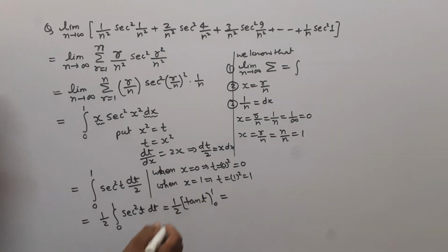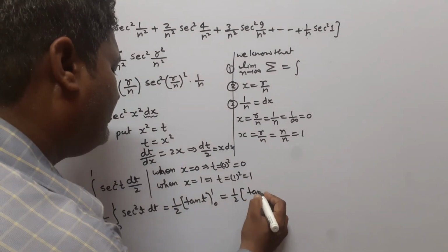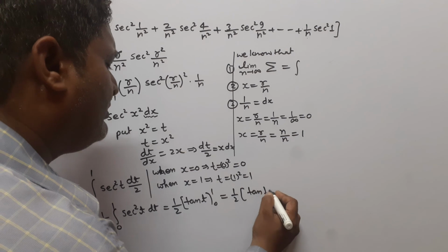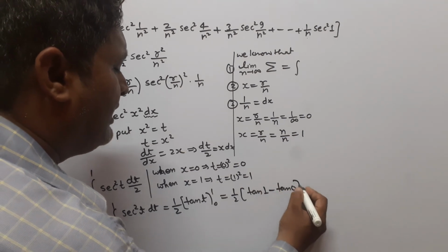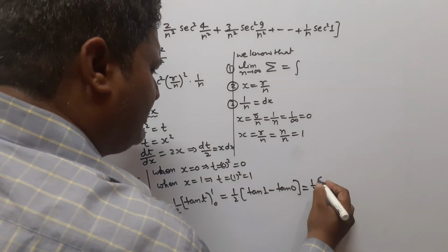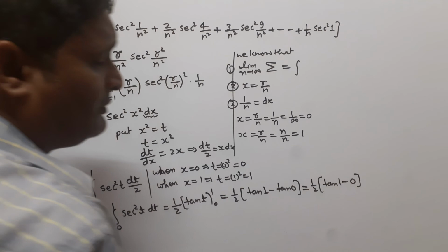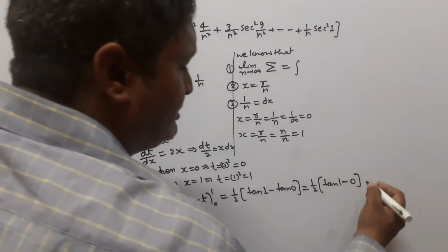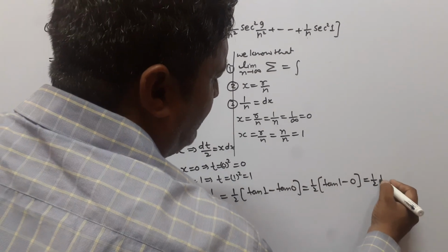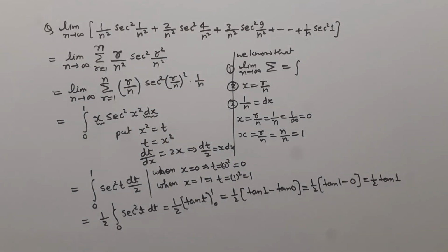Now applying upper limit minus lower limit, this becomes 1 by 2 (tan 1 minus tan 0). And we know that tan 0 equals 0, so this becomes 1 upon 2 tan 1. So the limit of this sequence is 1 upon 2 tan 1. Thank you.